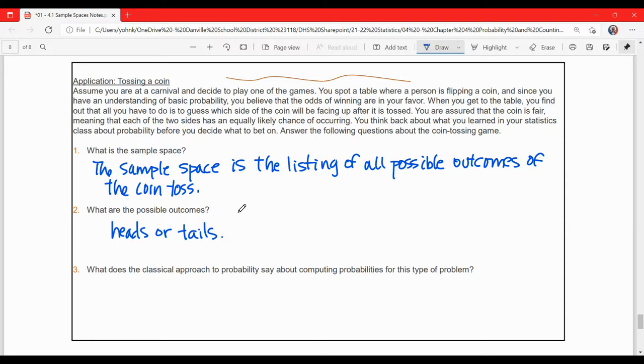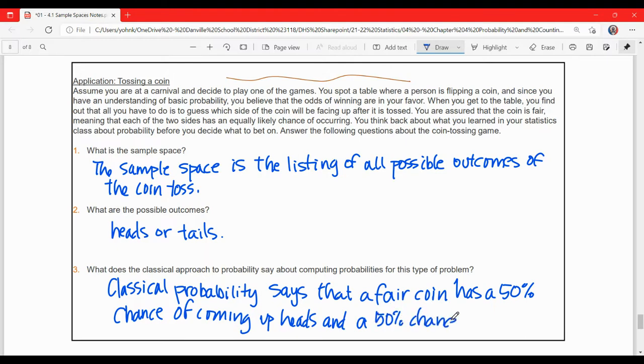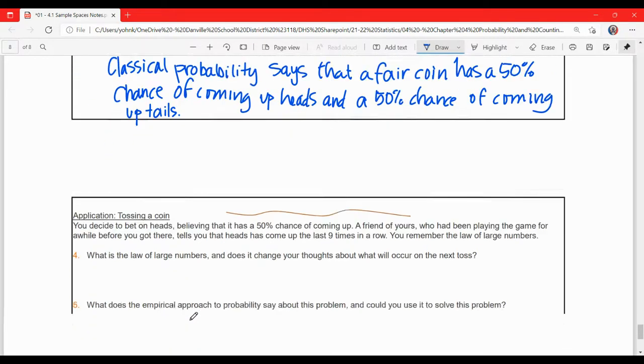Well, classical probability says that a fair coin has a 50% chance of coming up heads and a 50% chance of coming up tails. Even Steven, equally likely outcomes.